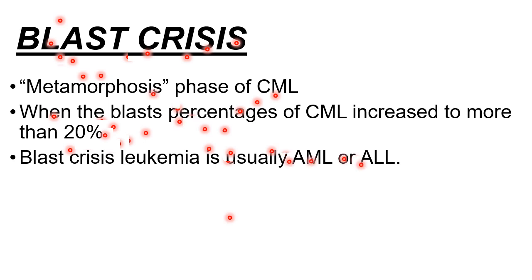So, ang magpapalito ha, ang blast crisis converts your CML into AML or ALL. So, depende kung ano ang dumami na type of blast. Kung ang dumami na type of blast is myeloblast, so magiging AML, lymphoblast naman for ALL.